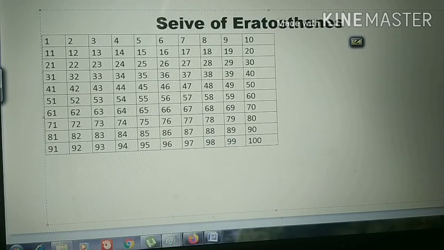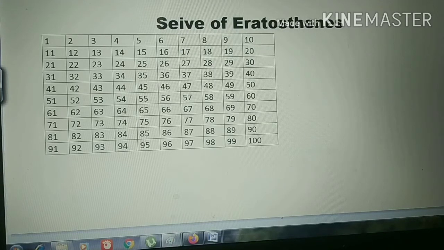Then what is a prime number here? A prime number is a natural number having exactly 2 different factors, namely 1 and itself. So factors must be 1 and itself. That type of numbers will be called prime numbers.